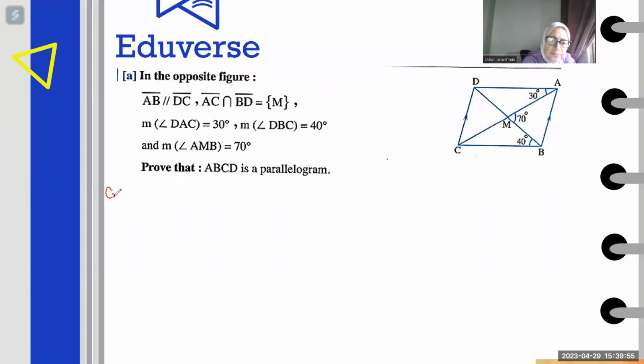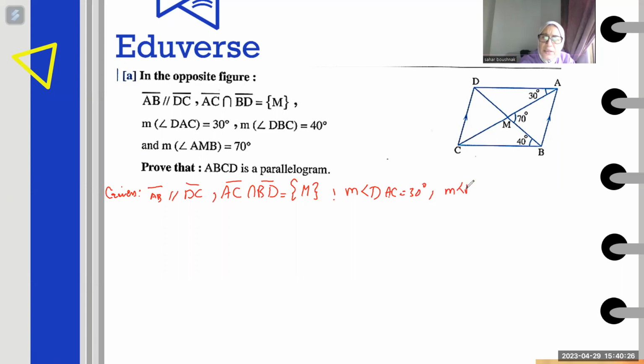First, the given: AB is parallel to DC and AC intersects BD at M. The measurement of angle DAC equals 30 degrees and the measurement of angle DBC is 40. Measure angle AMB equals 70.